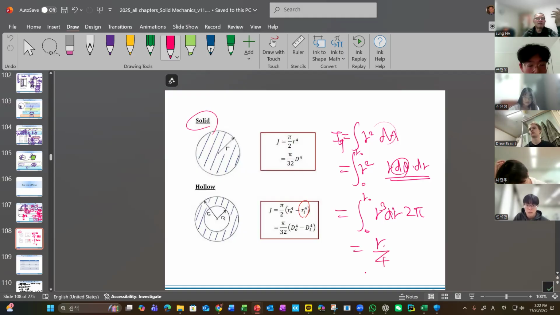R0 to the 4th over 4 times 2 pi, and this is pi R0 to the 4th over 2, right? If we have an inner radius ri, well, simply we will have a minus ri to the 4th. Okay, this is the one we need to understand, the polar moment of inertia. Very important.